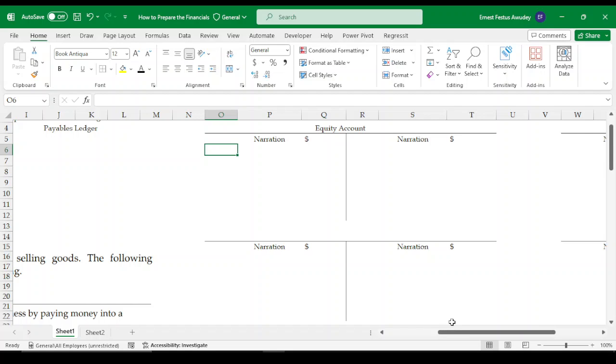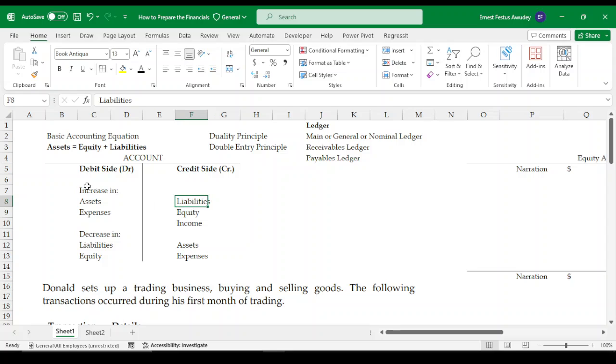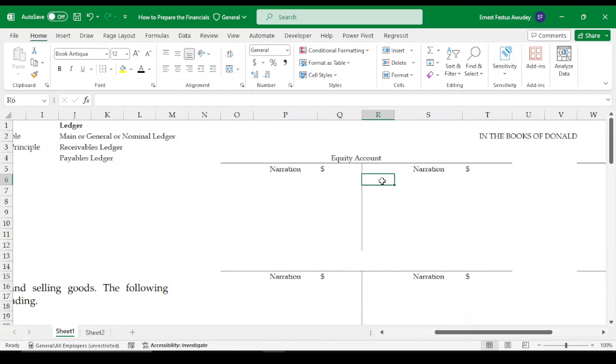We credit it, as we can see here. Increases in liabilities, equity, and income are credited. Therefore, if we introduce money into the business, then we have to credit the capital or the equity account.